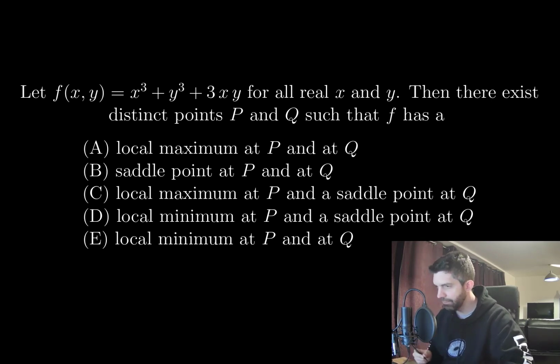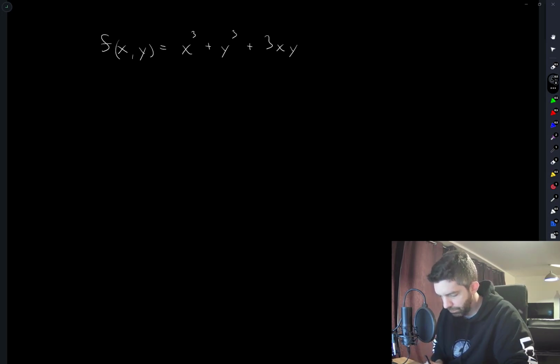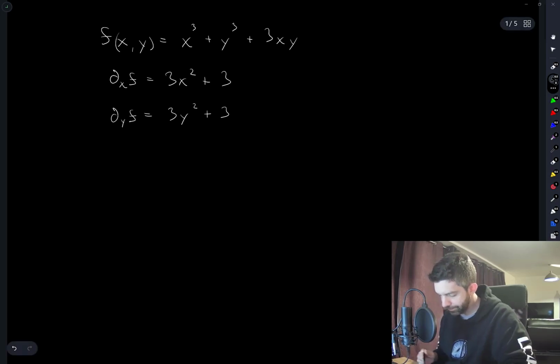So I have my function. Critical points correspond to partial derivatives being equal to 0. I'm happy they chose the function so that this will be fairly straightforward.